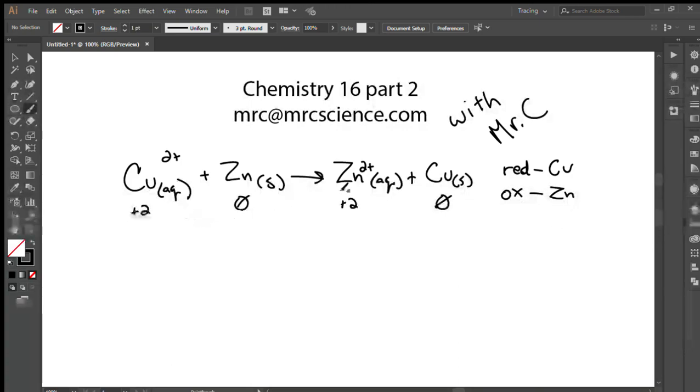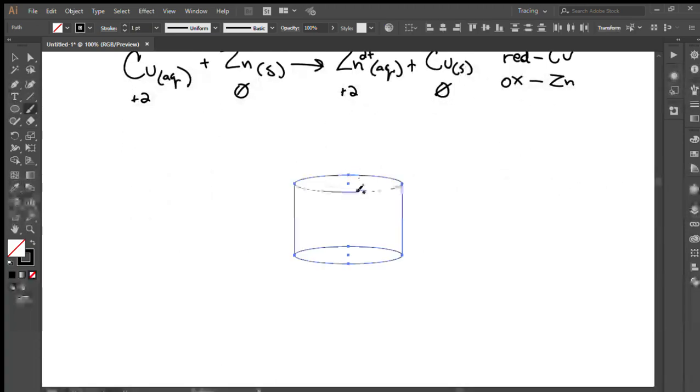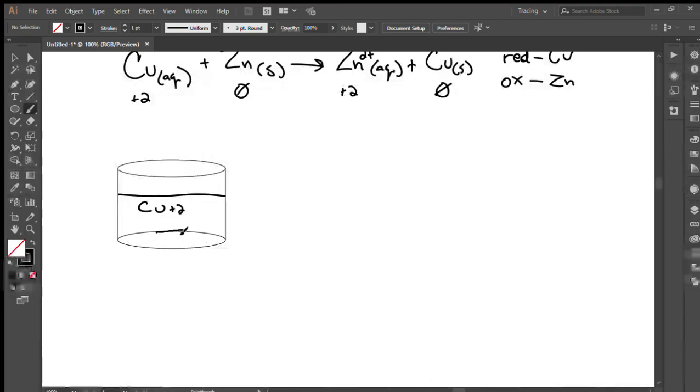Okay, so what they do then is they say, hey, what if we separate this out a little bit? I made a little container for us to use here because it probably looks better than anything I draw by hand. If we've got our container here, and in it is a solution of copper, and we drop a piece of zinc down here, this reaction is going to occur.